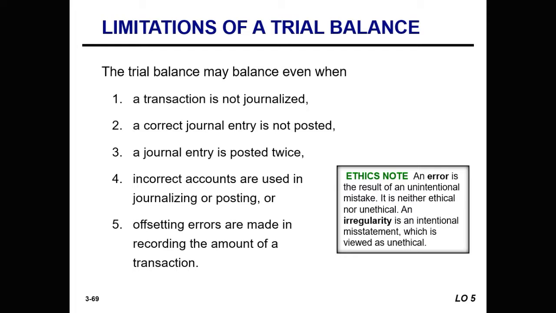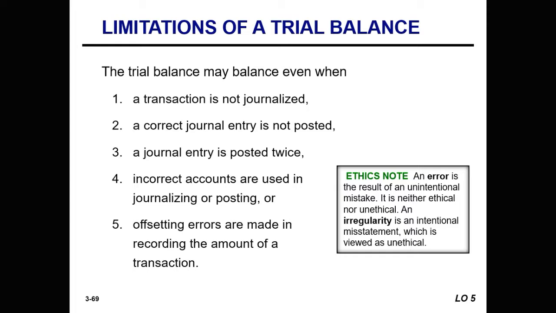It might balance even if the correct journal entry wasn't posted. This one happens occasionally, and that's if a journal entry is posted twice. Some of our computerized accounting information systems are very helpful in that sometimes they will flag things that appear to be double entries.